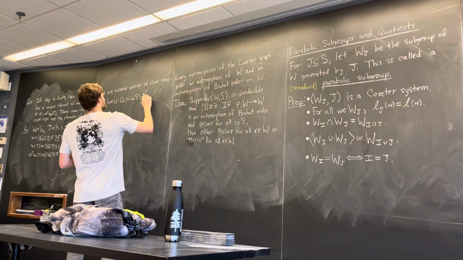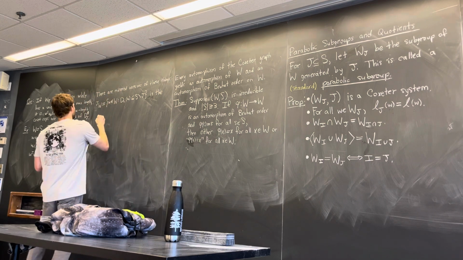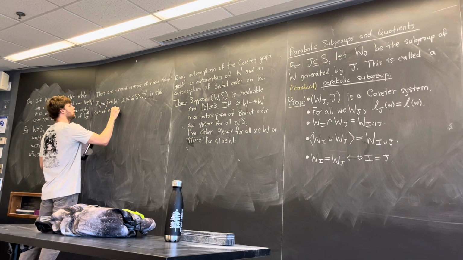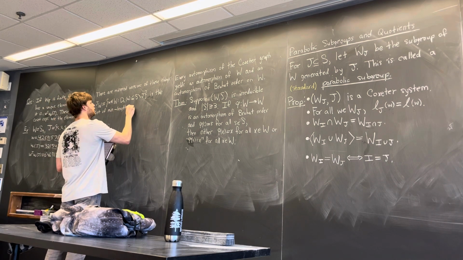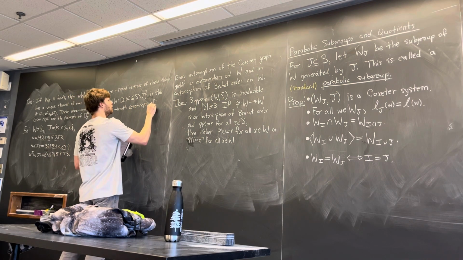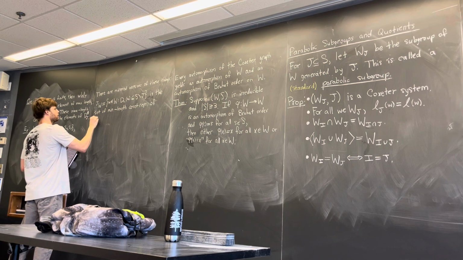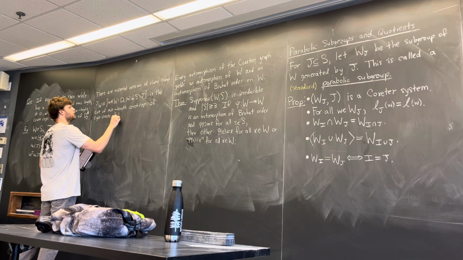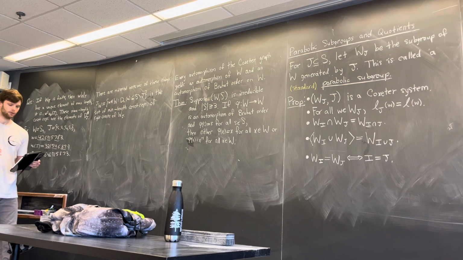So this is the set of minimum length coset representatives of the right cosets of the parabolic subgroup.